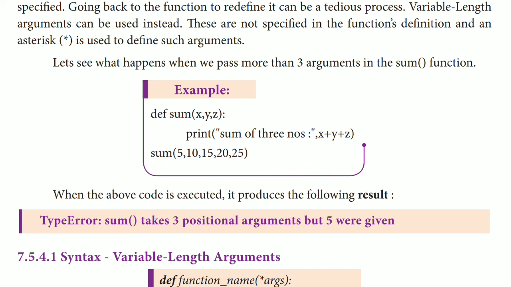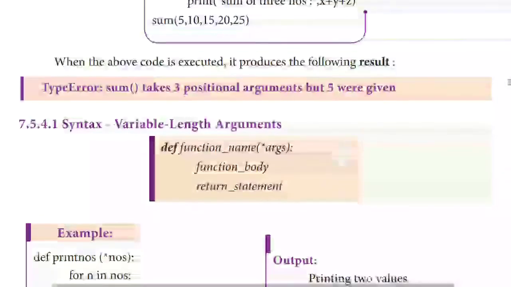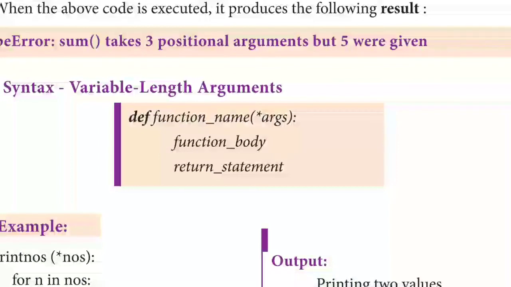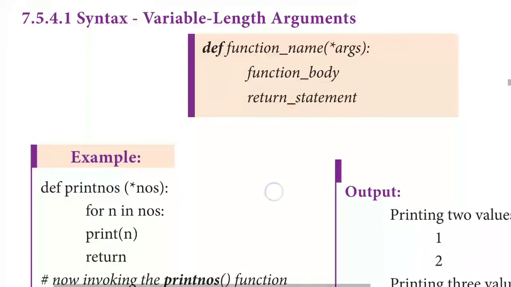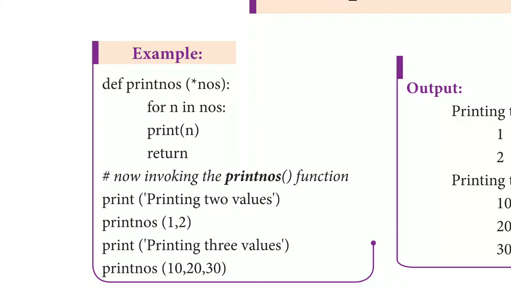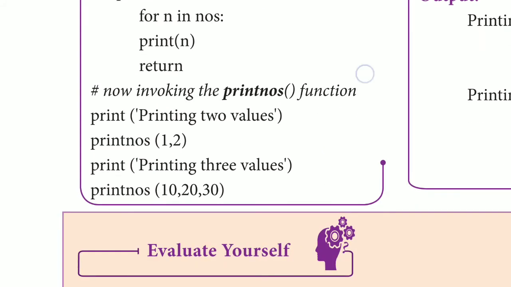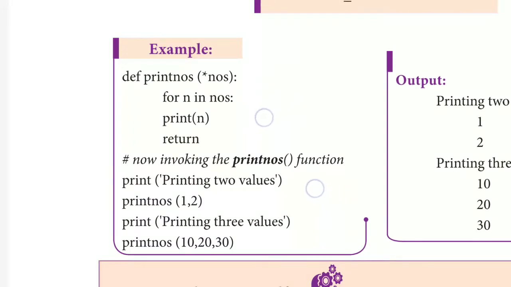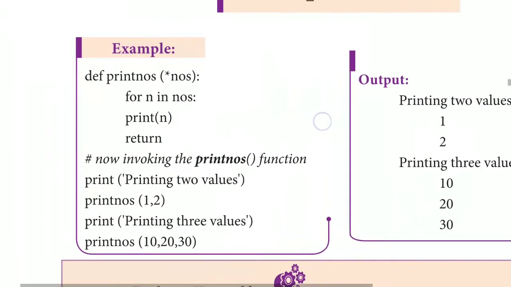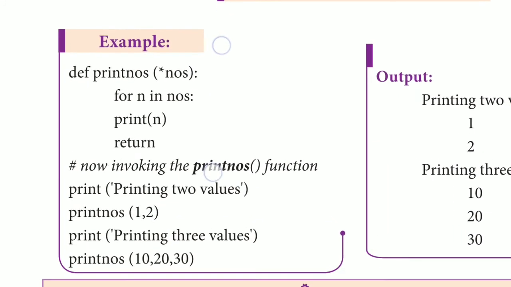So if you are going to use this kind of variable length argument, then you can use this syntax as star args. Here you can see an example. The asterisk is used before the argument, so that when you provide multiple values to it, it will take them into account. Here they have used multiple outputs but given only one argument.